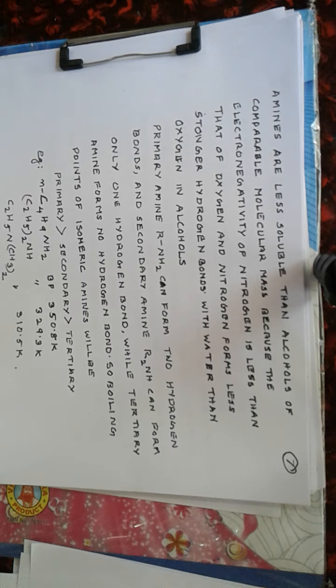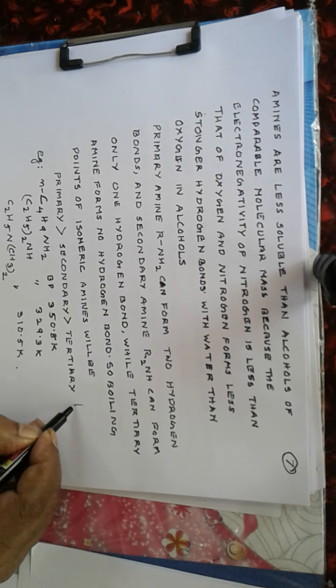Now primary amine can form 2 hydrogen bonds and secondary amine can form only 1 hydrogen bond, while tertiary amine forms no hydrogen bond. So boiling points of isomeric amines will be in the order primary, greater than secondary, greater than tertiary. So here hydrogen bond is formed between amine molecules.